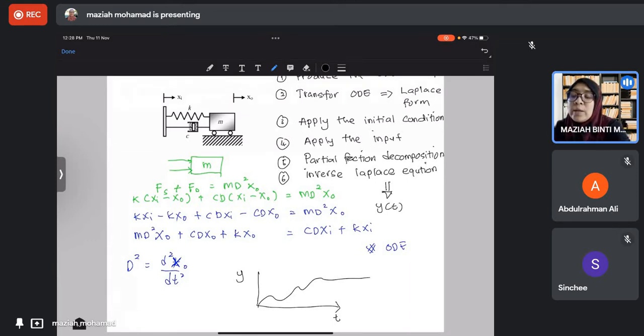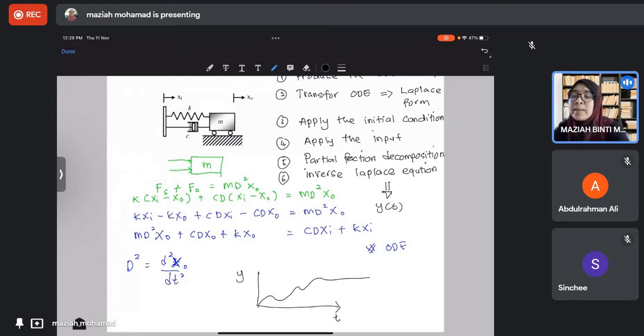After you transform into Laplace form, we're going to apply the initial condition, if there is any. Then we're going to apply the input. It will depend on the type of input, whether it is step input, ramp input, sinusoidal input, or impulse input.